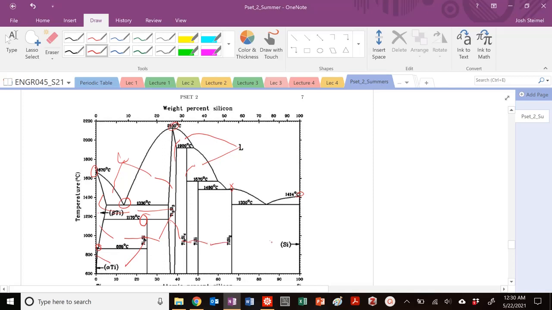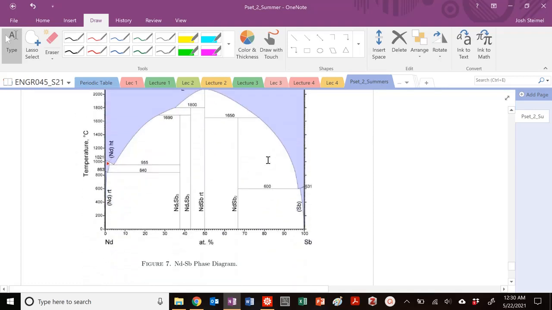Liquid plus this, and then liquid also plus this. So eutectic, this is a peritectoid, beta, alpha to new material here. This is a peritectic. This is also peritectic. This is a eutectic, and those are all the invariant points. Those are all the congruent melting points.